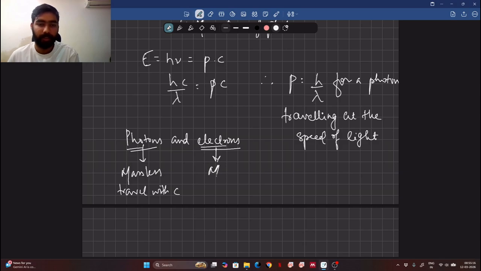But electrons have a certain mass and they don't travel at the speed of light. They travel at a certain velocity, which is v. So here v is always less than c.